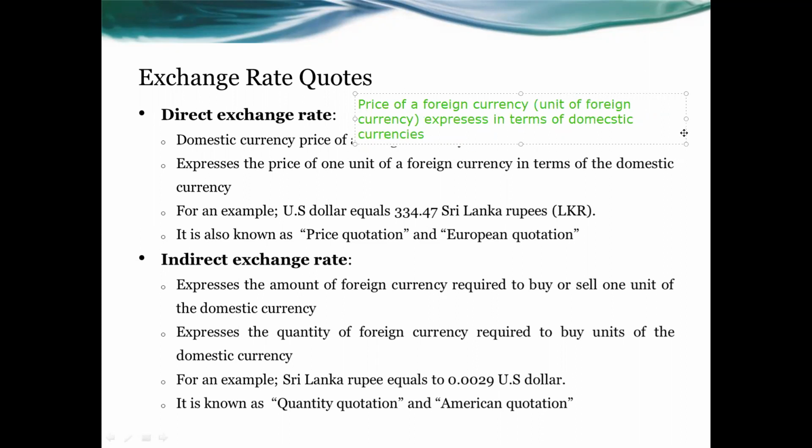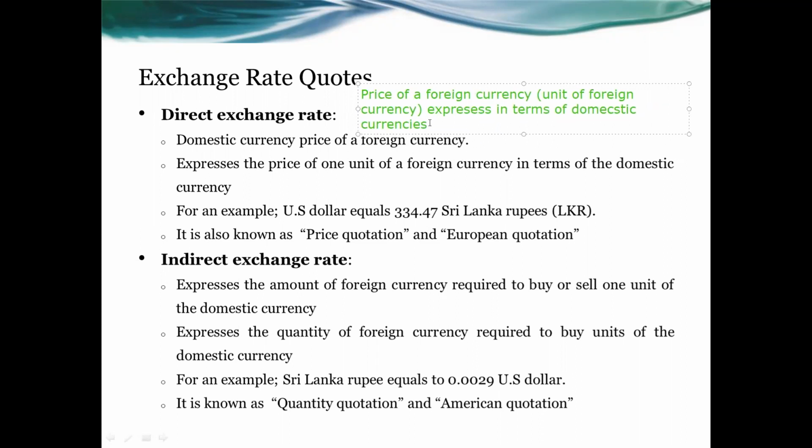Normally in a direct quotation, we express the price of a unit of foreign currency in terms of domestic currency. So it expresses the price of 1 unit of foreign currency in terms of domestic currency. For an example, if you look at the Sri Lankan exchange rate quotation, it normally gives US dollar equals 334.47 Sri Lankan rupees.